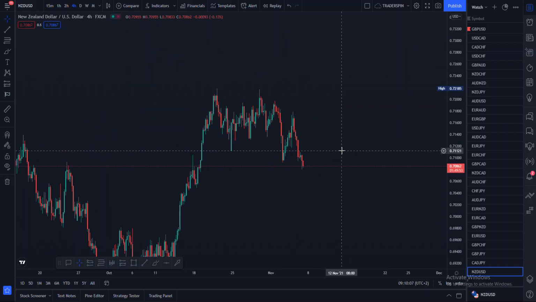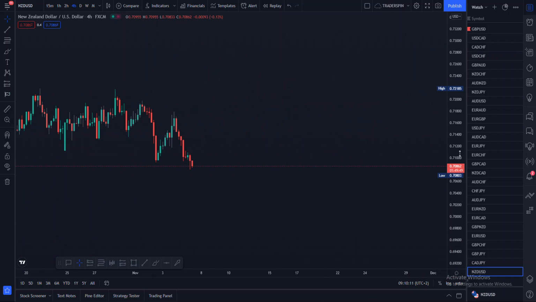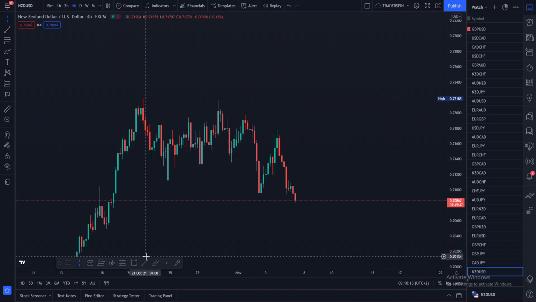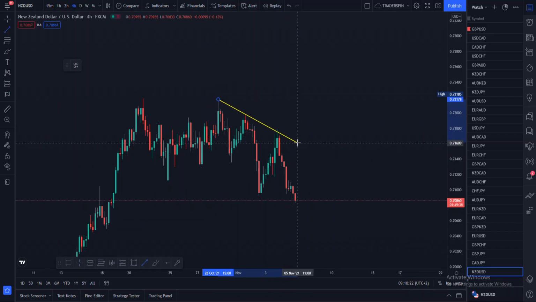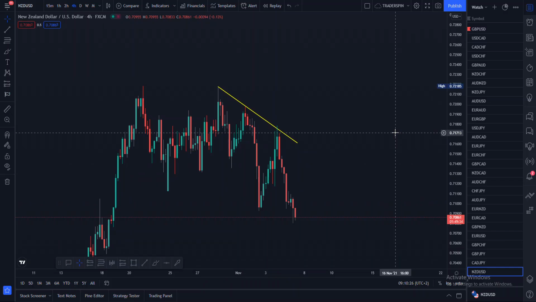I don't like missing good setups, especially when I know that, and if I'm not mistaken, I've even been nagging my students about it, saying that I missed NZD USD, this and that. I just hate missing a good trade, especially when I'm 100% sure that trade is going to hit my take profit.